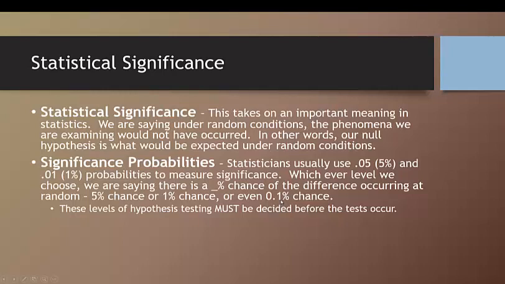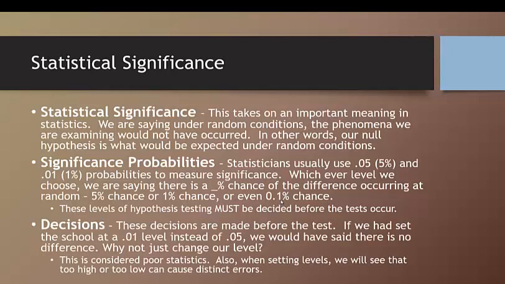But if we had said 0.1 or 10%, then we would have rejected that null hypothesis and said there is a difference between statistics students and all students together, because the 6% was smaller than the 10%, and so we would have rejected our null hypothesis.